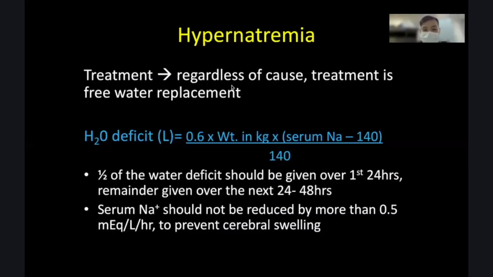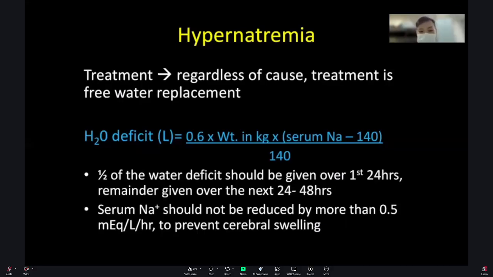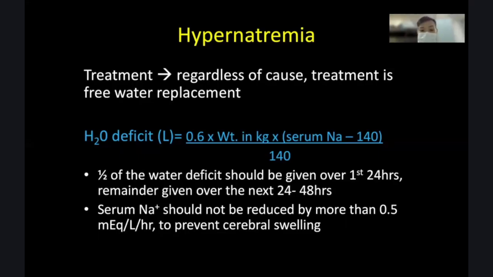So for hypernatremia, unlike for hyponatremia wherein you compute for the sodium deficit, for hypernatremia, you compute for water deficit. And this is the formula as well. The rule, okay, when correcting hypernatremia, you give 1/2 of the water deficit, okay, over the first 24 hours, then the remainder should be given over the next 24 to 48 hours.